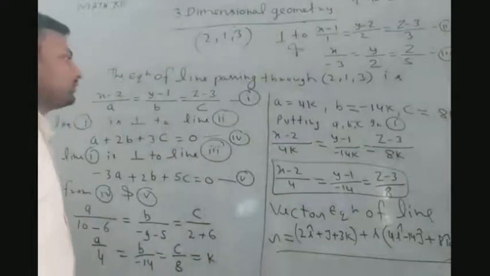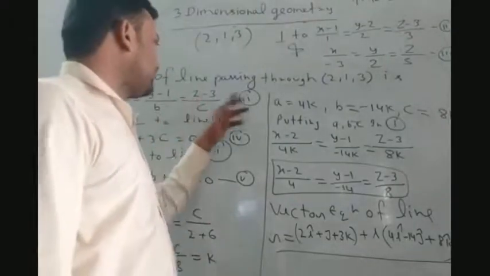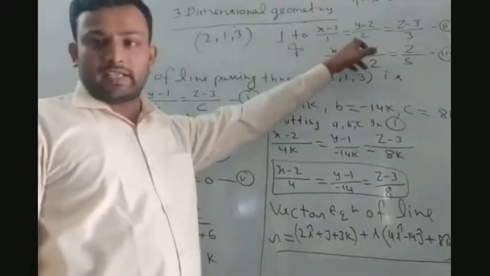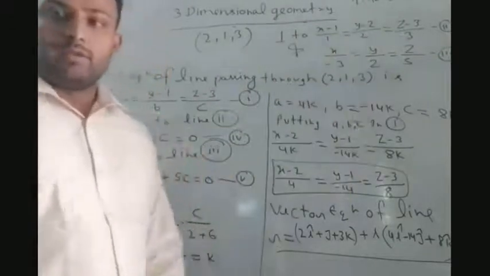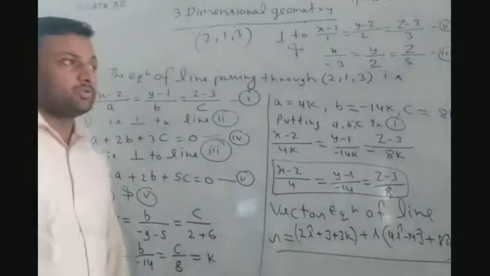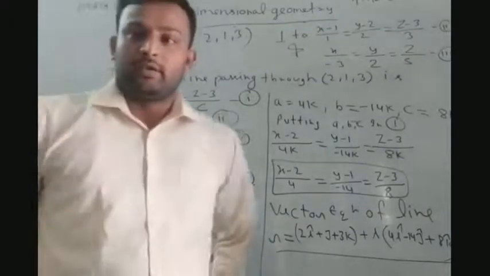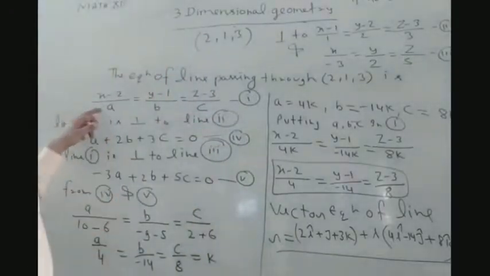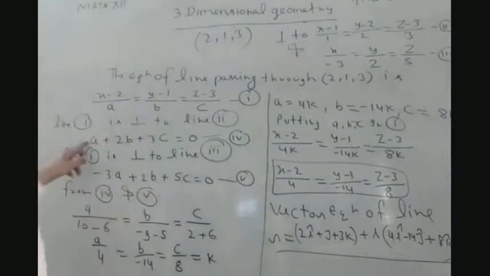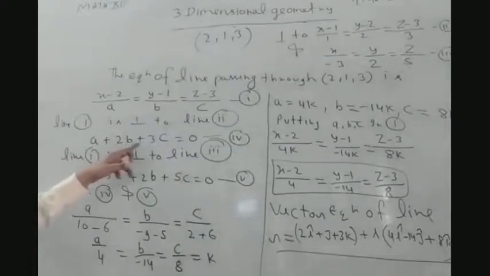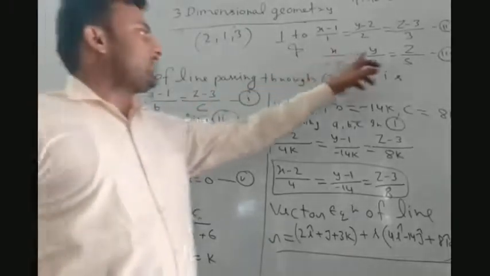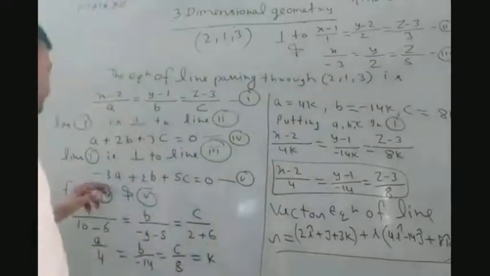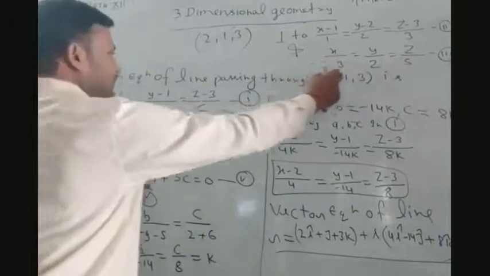Now we know that if two lines are perpendicular to each other, then a1a2 plus b1b2 plus c1c2 is equal to 0. So we write a plus 2b plus 3c is equal to 0. And again this line is perpendicular to the third line, so we write minus 3a plus 2b plus 5c is equal to 0.